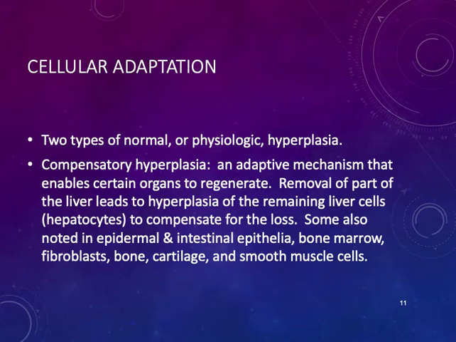Once again, hyperplasia can be normal, and there are different types of physiologic hyperplasia. One is compensatory hyperplasia, which is an adaptive mechanism that enables certain organs to regenerate. A good example would be your liver. If a patient had removal of part of their liver, the remaining liver cells compensate for that loss, and then you have hyperplasia there.